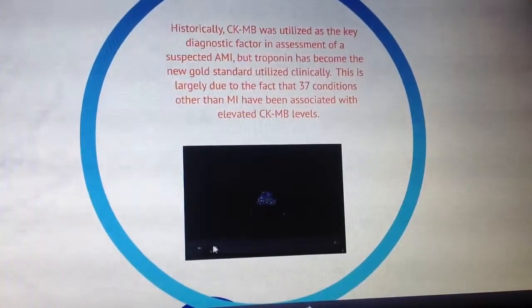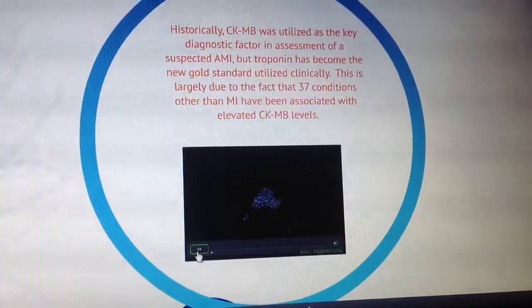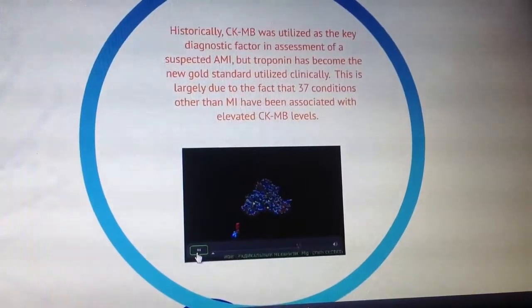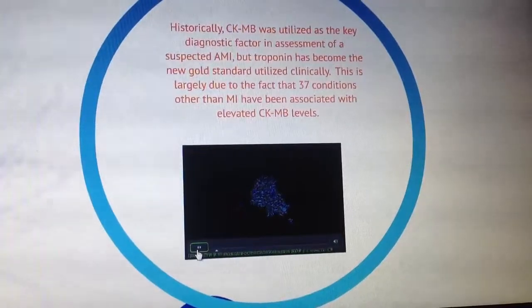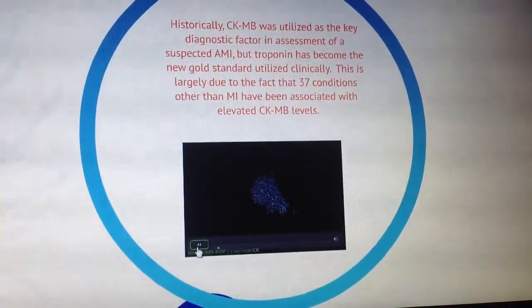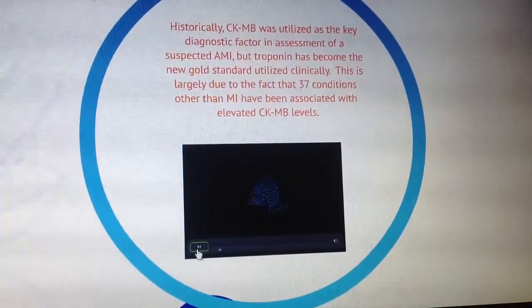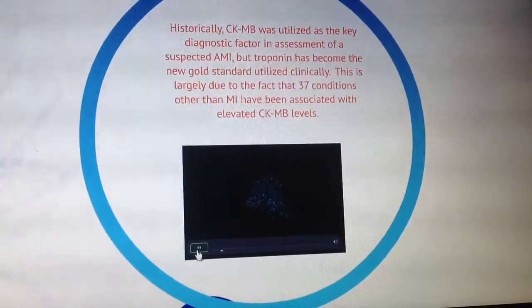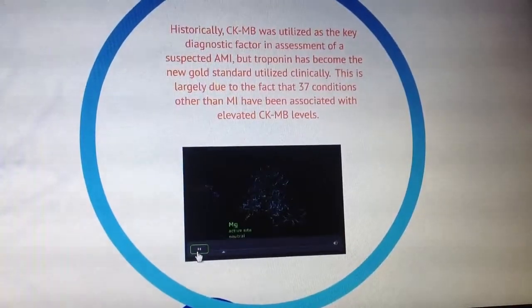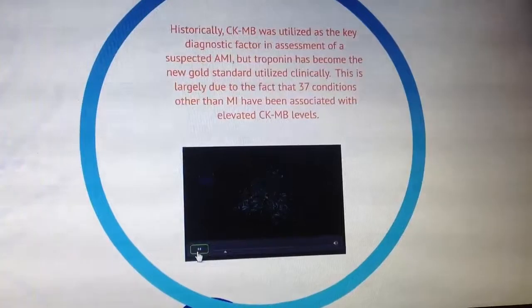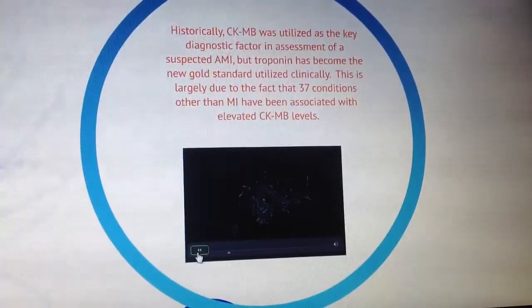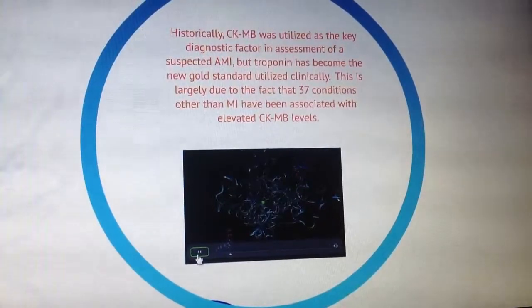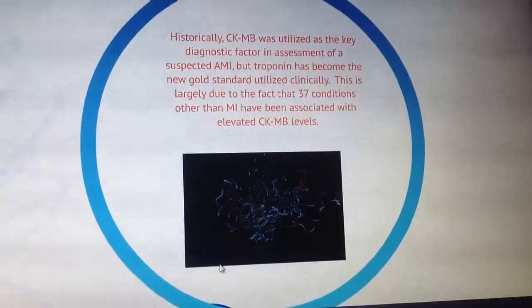Historically, CK-MB was utilized as the key diagnostic factor in assessment of a suspected MI, but troponin has become the new gold standard utilized clinically. This is largely due to the fact that 37 conditions other than myocardial infarction have been associated with elevated CK-MB levels.